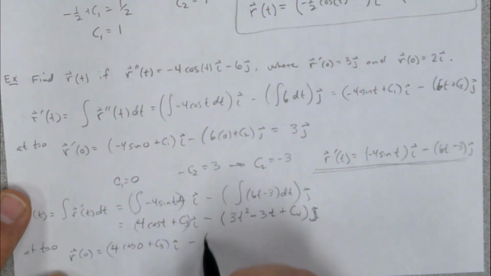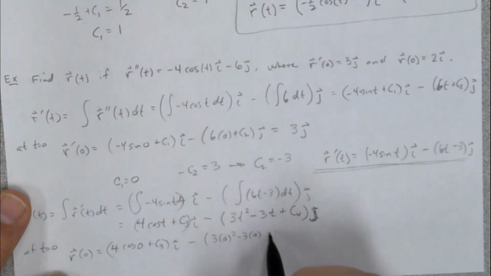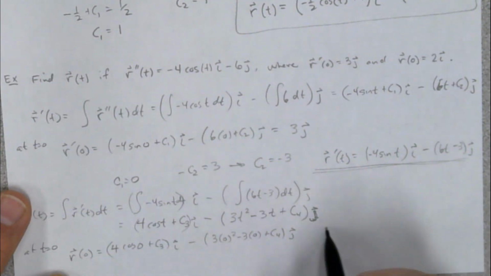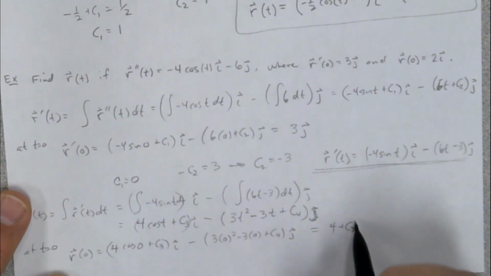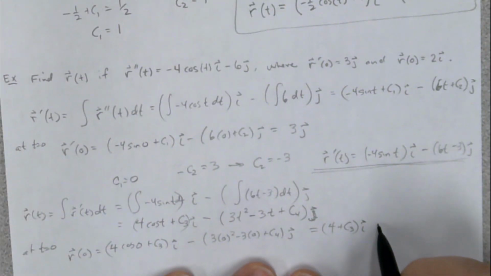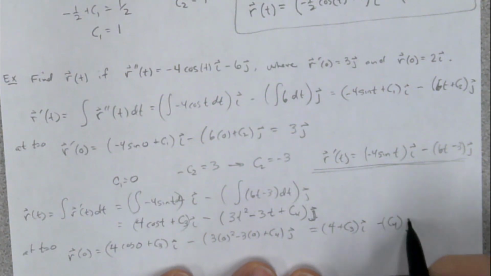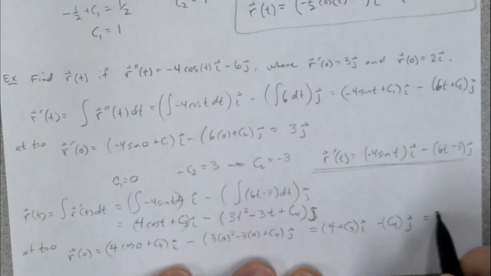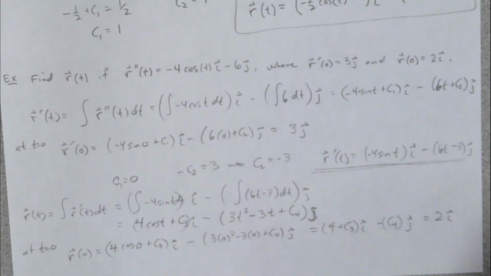And then in here we'll have 3 times 0 squared minus 3 times 0 plus c4, like so, which gives me 4 plus c3 i minus c4 j, and that has to be 2i.